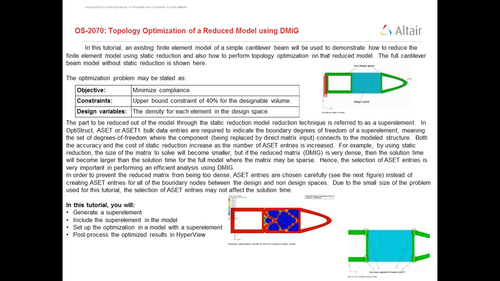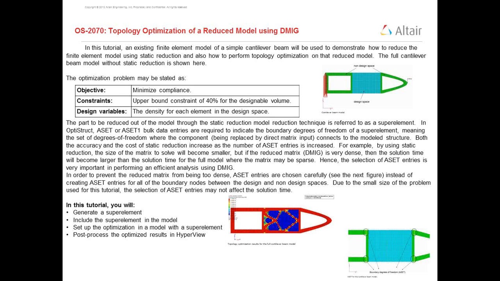But if the reduced matrix DMIG is very dense, then the solution time will become larger than the solution time of the full model, where the matrix may be sparse. Hence, the selection of ASET entities is very important in performing an effective analysis using DMIG.